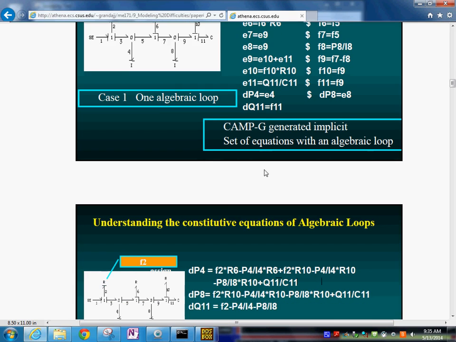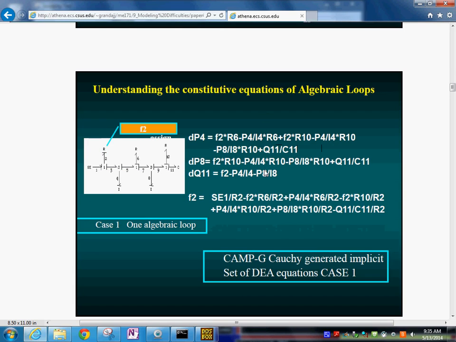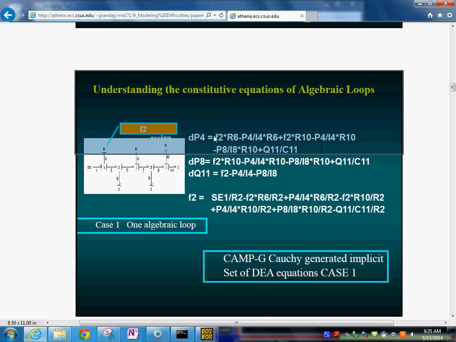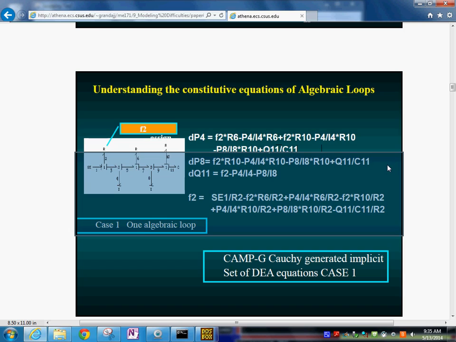In fact, you try and you're going to get this. See, you'll get the dp sub 4 and dp sub 8, dq11. Here, these are the equations you will get. And you cannot get rid of this F2. You try it and it keeps coming back.